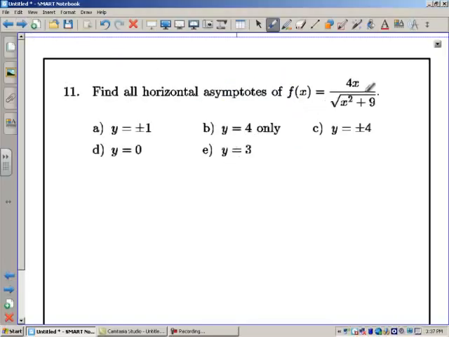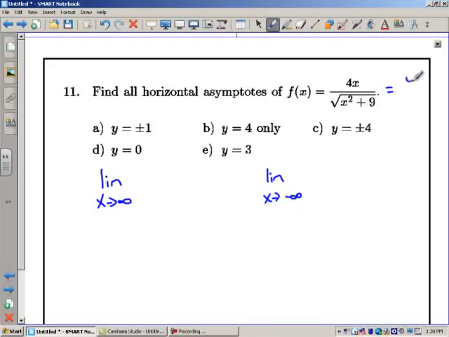Okay, let's take a look at something that's like a square root, because that's the only time you've got to be careful. So we want horizontal asymptotes, so I want the limit as x approaches infinity, and I also want the limit as x approaches negative infinity. Now let's take a look at this simplified. Forget the plus 9 because as we're looking way out to the right on the x-axis, that plus 9 doesn't matter.